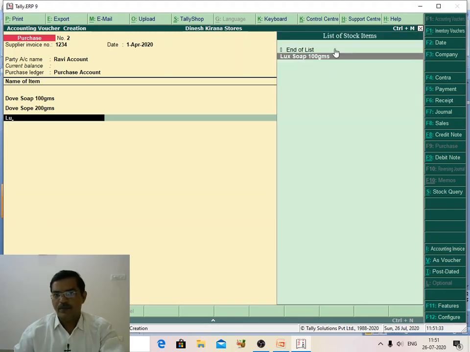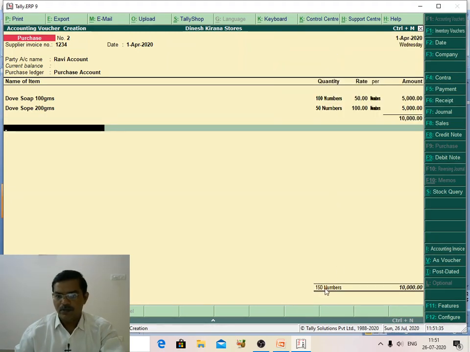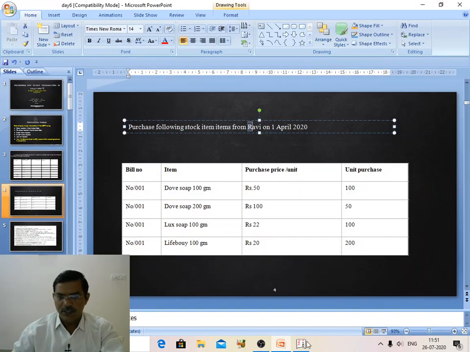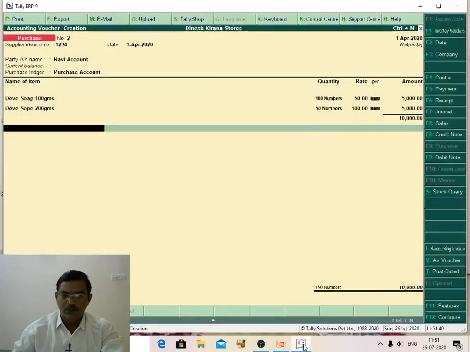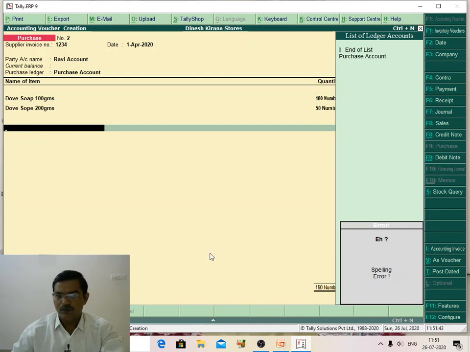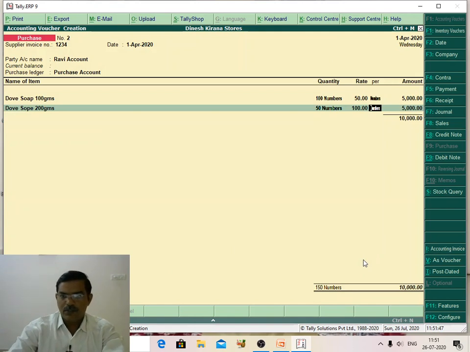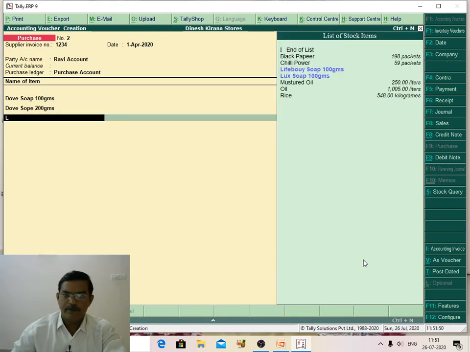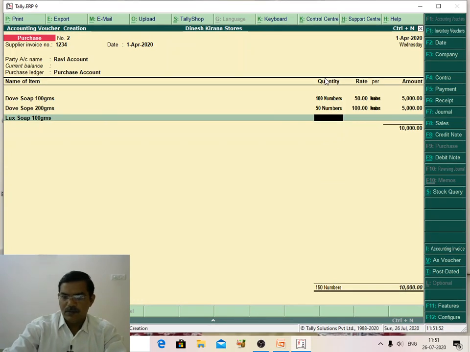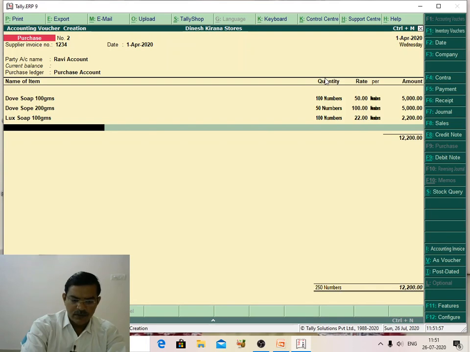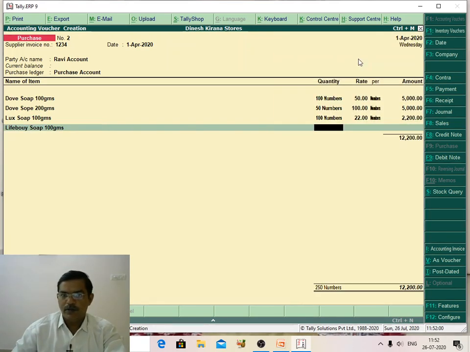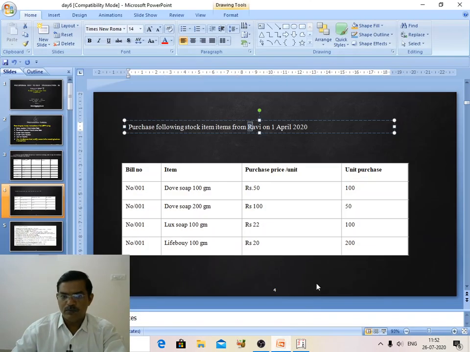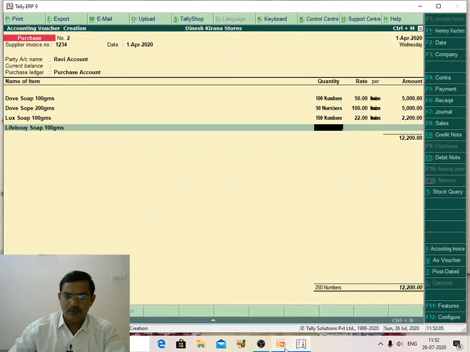Lux soap 100 grams, quantity 100, at 22 each. And the final one is Lifebuoy 100 grams. What is the quantity we are buying? 200 quantity, at 20 rupees each.